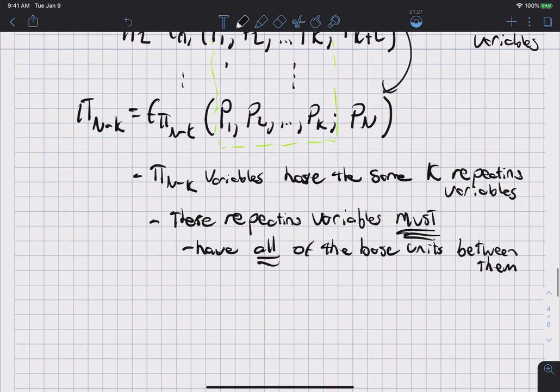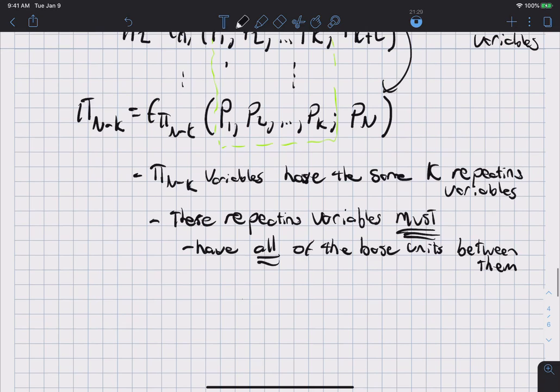Okay, and so that is, if you had a problem that has mass, length, and time, that is your choice of the repeating variables over here. Between them, they must have the units of mass, length, and time.